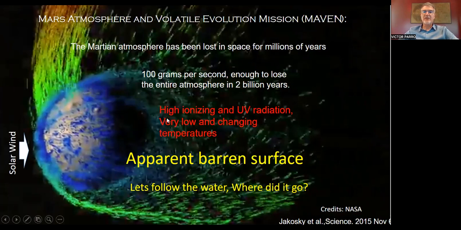You can imagine that after billions of years, the only thing we have is a planet exposed to high ionizing radiation and very low, extreme temperatures that make for an apparently barren surface and a barren planet. But who knows? We cannot just keep the first image we have.